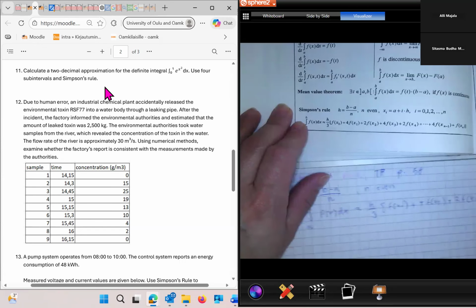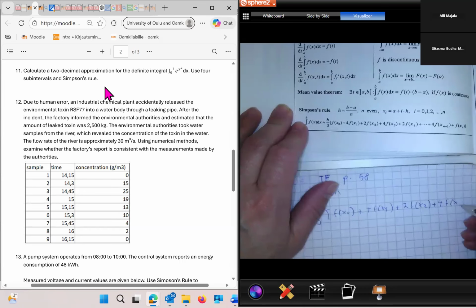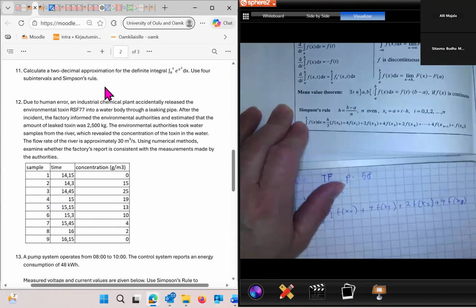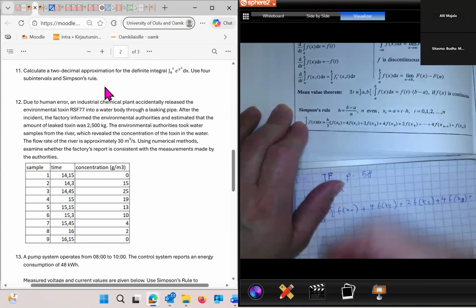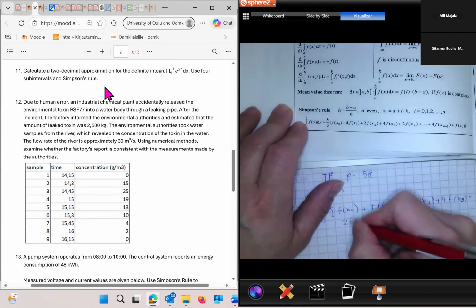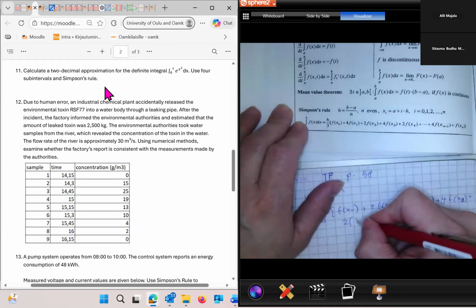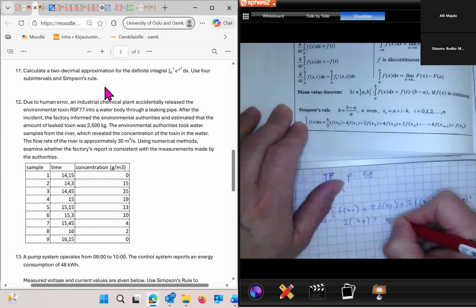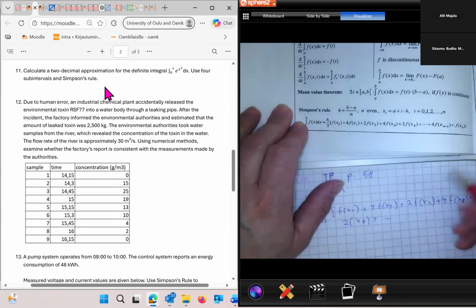The odd terms with 4, and so on. 2 times the next, times 4 plus, until the end.